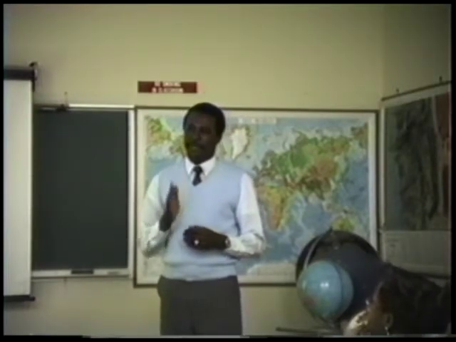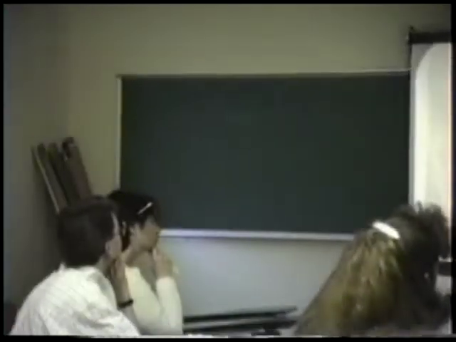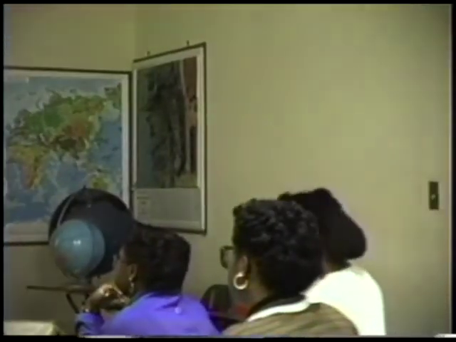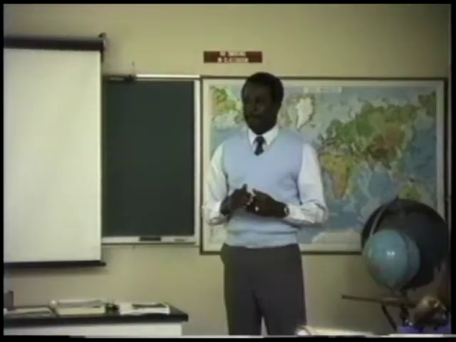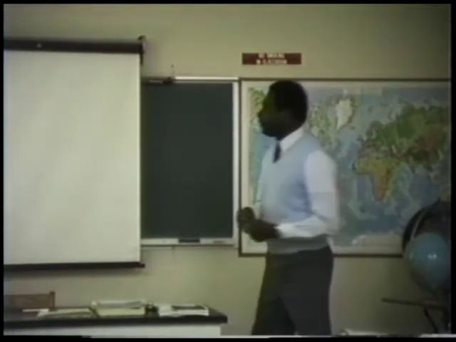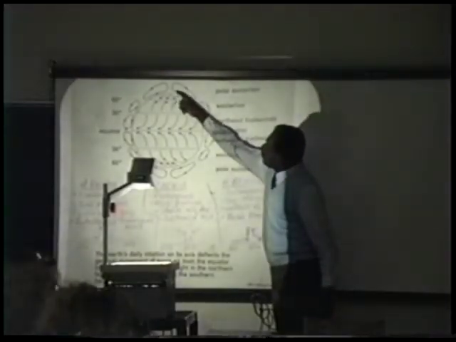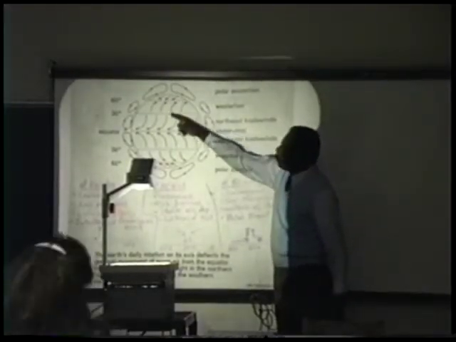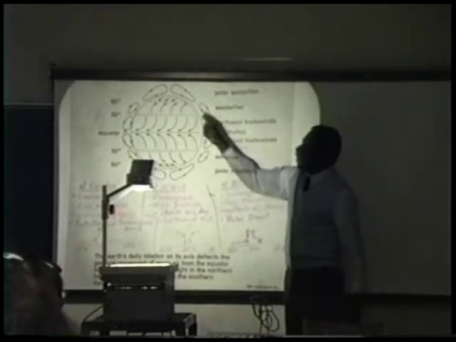The temperature has a great deal to do with it. Specifically, there is a temperature difference in the air which comes together at 60 degrees north and 60 degrees south. If you look at this diagram, you have the polar easterlies converging with the westerlies at 60 degrees north.